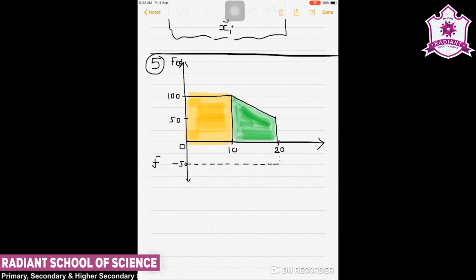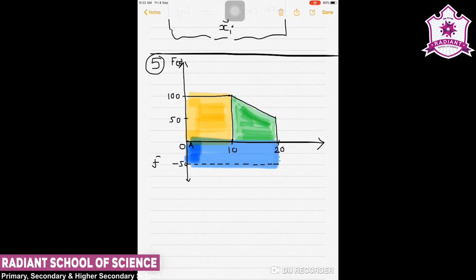And throughout the process, the blue portion below is the resistive force.